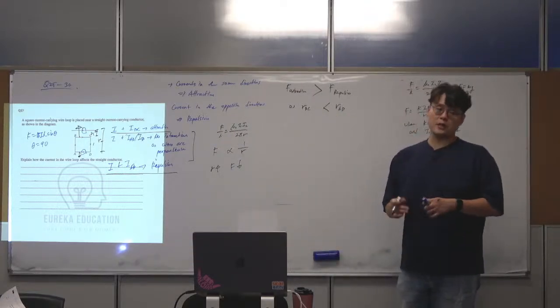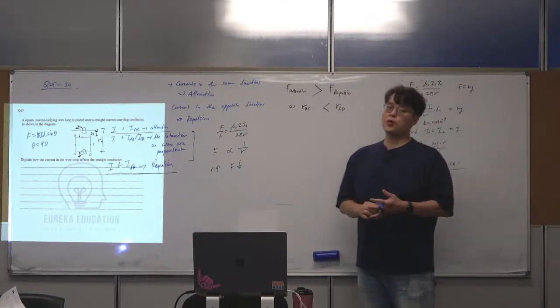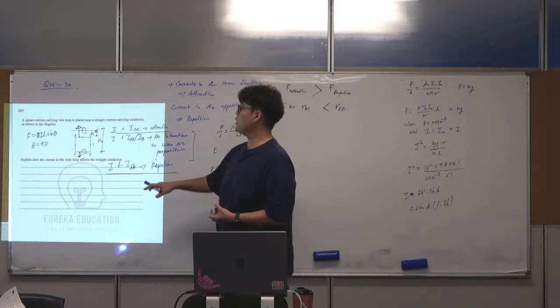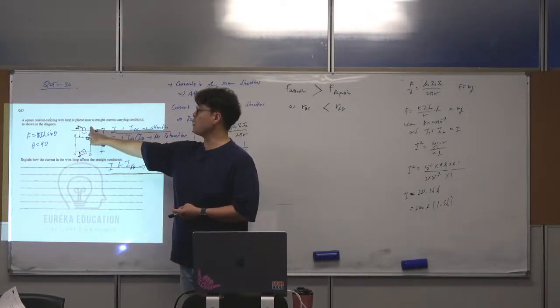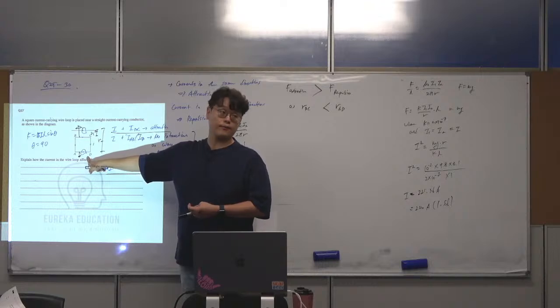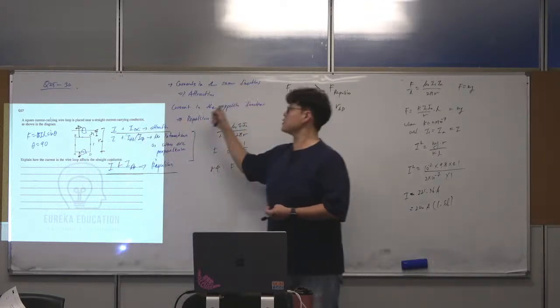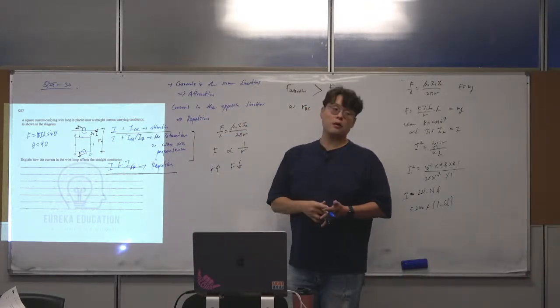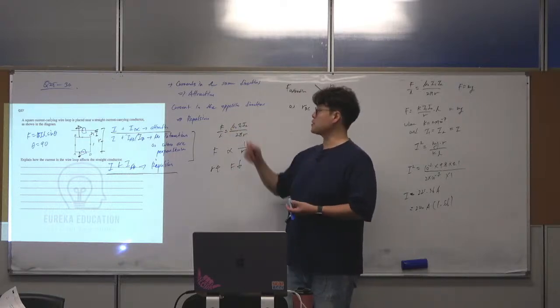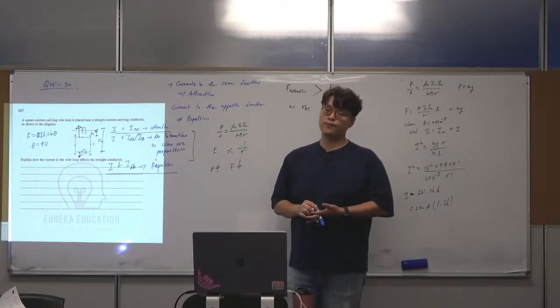So a few points, if you're looking for a structure for your answer. You're going to start with the direction of the current in IBC and IAD. Current in the same direction creates an attractive force, and current in the opposite direction creates a repulsive force.